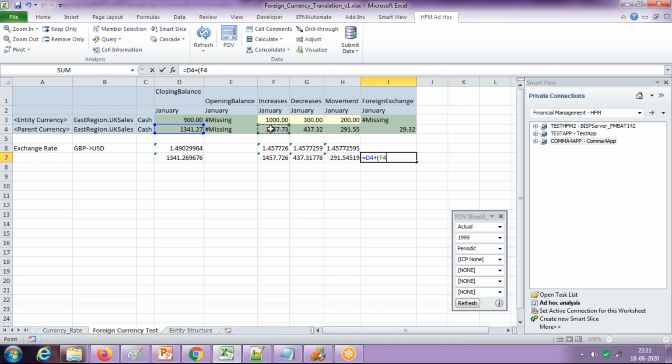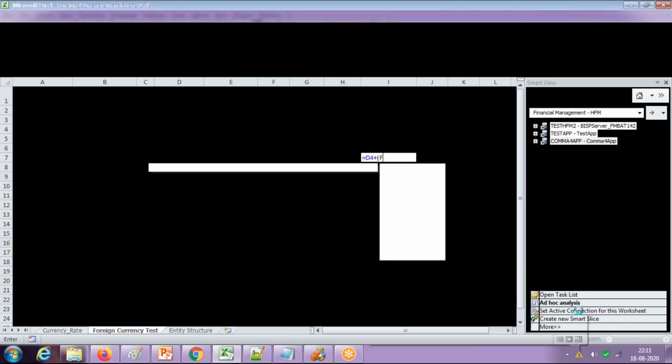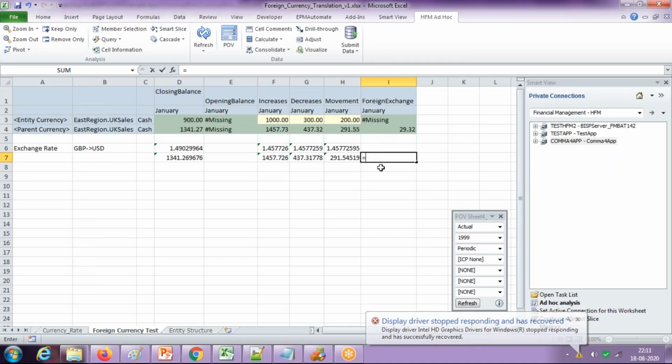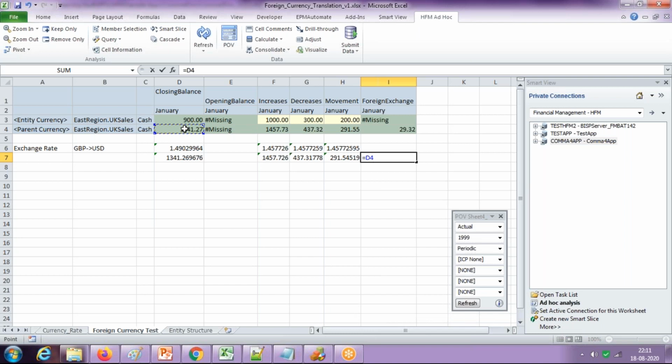Closing balance. Okay, this appears to be Excel crash. No problem. I show you once again. So how is 29.32 received? You can see it over here. This is my closing balance minus increases plus movement plus decreases, 29.32.